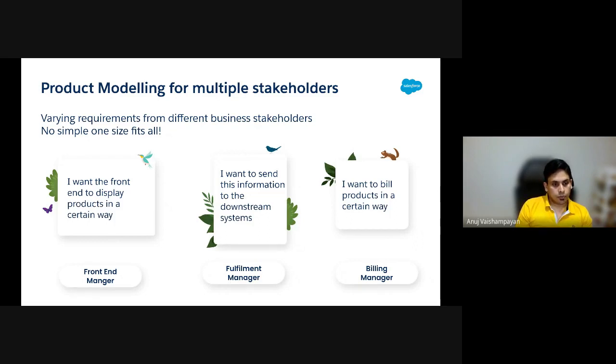So you might come across situations where you will have requirements from different stakeholders for product modeling, right? Each product manager or different stakeholder will come and say, hey, I have this requirement, can you configure according to my requirement?